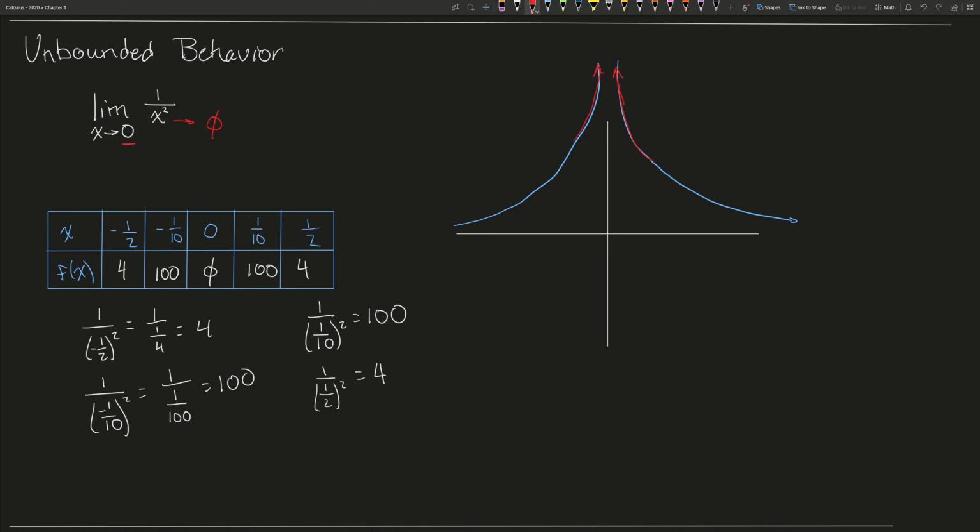As we get closer and closer to 0, our numbers get bigger and bigger, but we never actually reach a certain value. Therefore, our limit technically does not exist. So this limit as x approaches 0 of 1 over x squared, as of right now, doesn't exist. But we could also say that this limit approaches infinity.